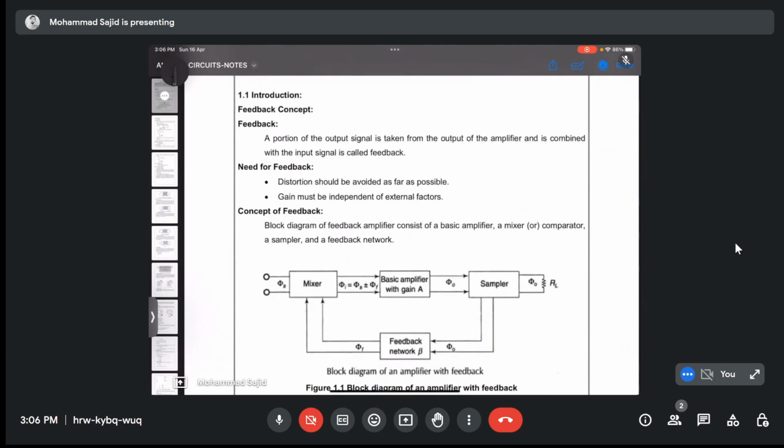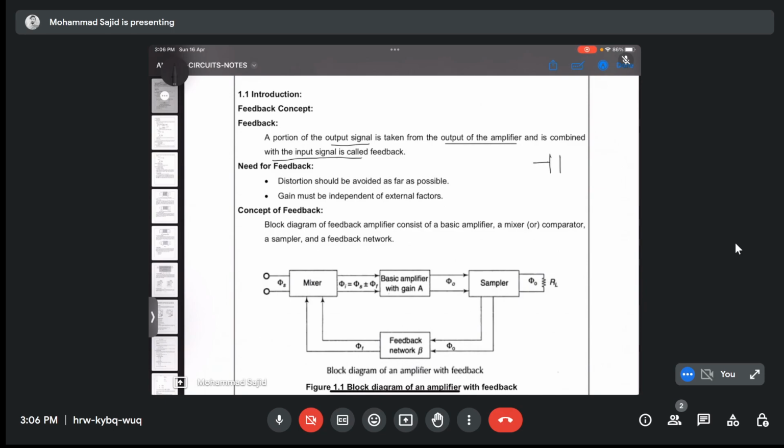Okay, so as I said, feedback is when a portion of the output signal is taken from the output of the amplifier and is combined with the input signal. If this is the transistor, you will take some portion of your output and feed it at the input. This is the concept of feedback.